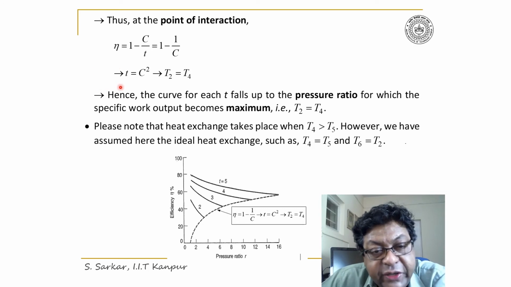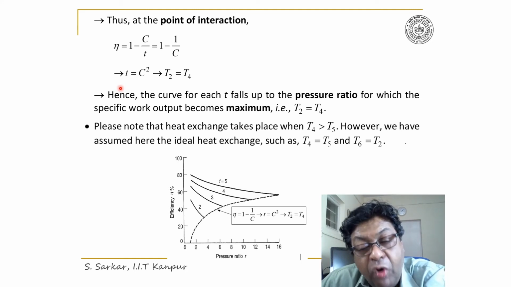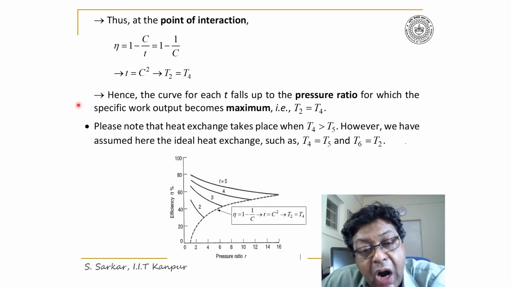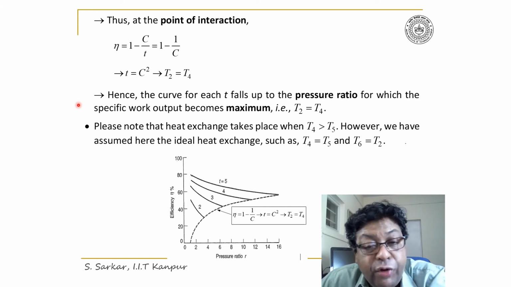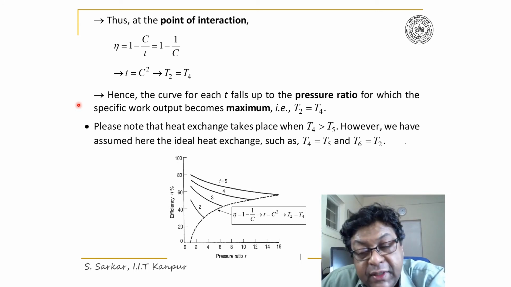This equation leads to T is equal to T square. That means T2 is equal to T4. Hence, the curves for each T fall up to the pressure ratio for which the specific output becomes maximum, that is T2 is equal to T4.